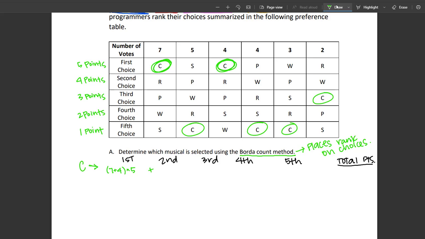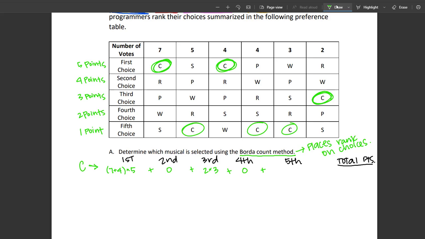For second place, there are no second choice votes for Cabaret, so we're going to put a 0 there. For third, we have this one over here, so we only have 2. The third place votes get 3 points. For fourth, we have 0. And for fifth, we have 3.